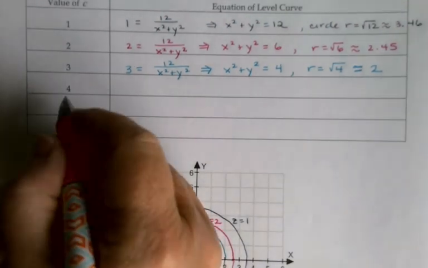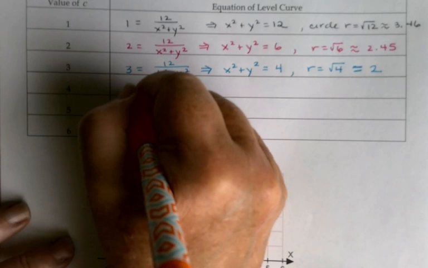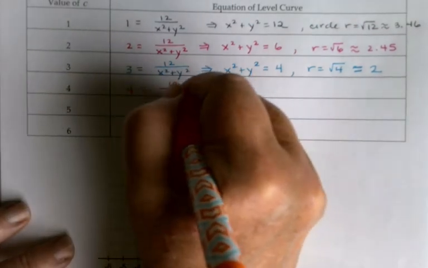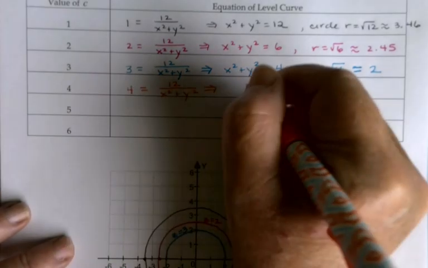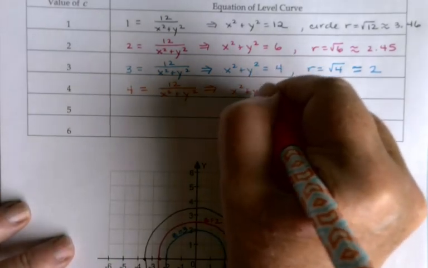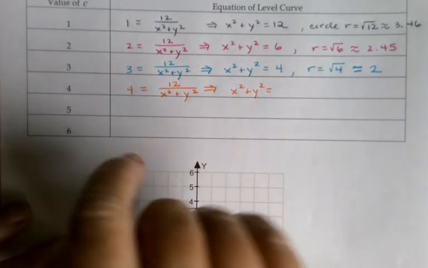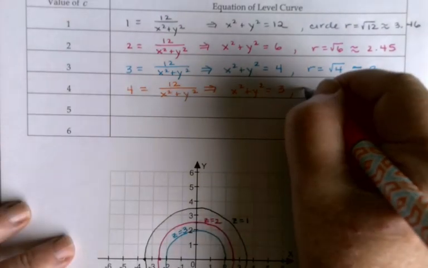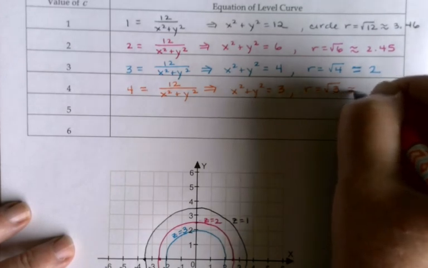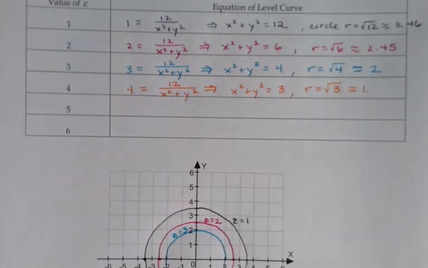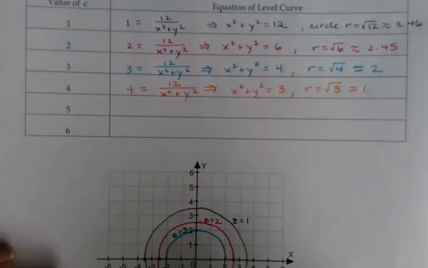And I'm going to do a 4. So this time I'll get x squared plus y squared equals 12 divided by 4, or 3. So my circle has a radius square root 3, or about 1.7 something, right? About 1.73.